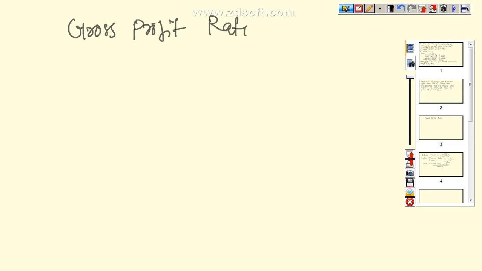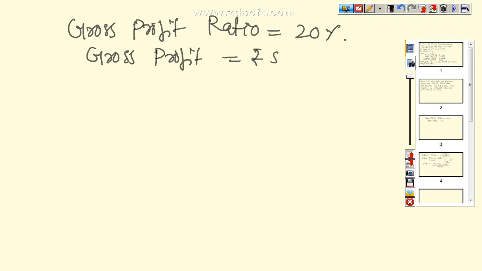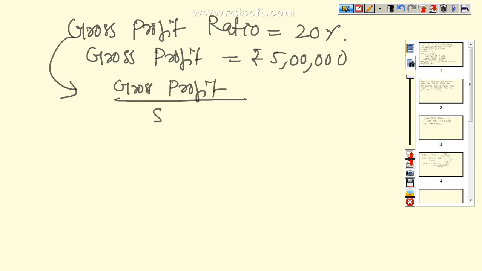Now gross profit ratio is equal to 20%. Apart from this, gross profit is given: gross profit is equal to rupees 5 lakh. What is the formula of gross profit ratio? Gross profit upon sales is equal to 20 upon 100.